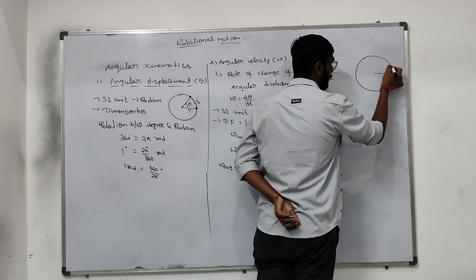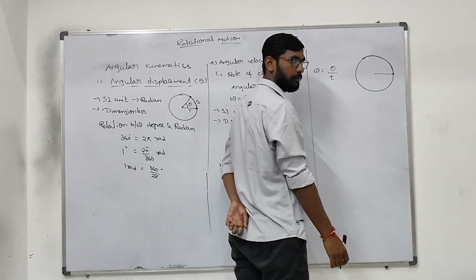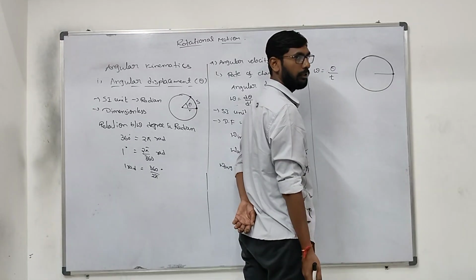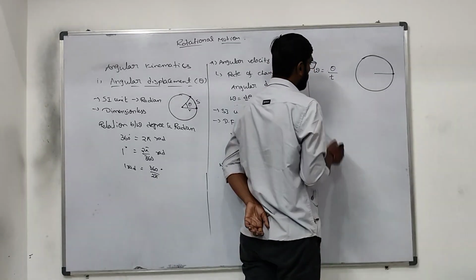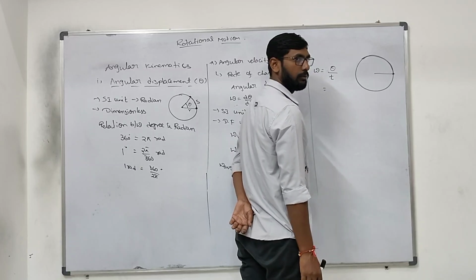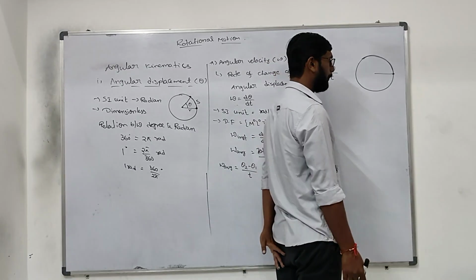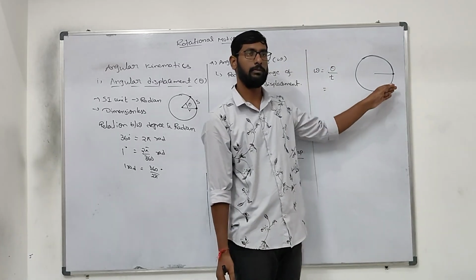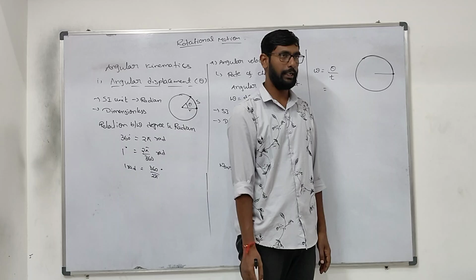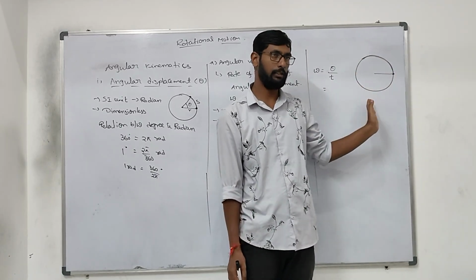If it completes one circle, in one complete cycle or complete rotation or revolution, whatever you say, theta will be what? 360 degrees only, it won't be 0. Right? Otherwise there would be no difference between initial and final position. Linear displacement will be 0, but angular displacement won't be 0 because it has traveled through a certain angle.